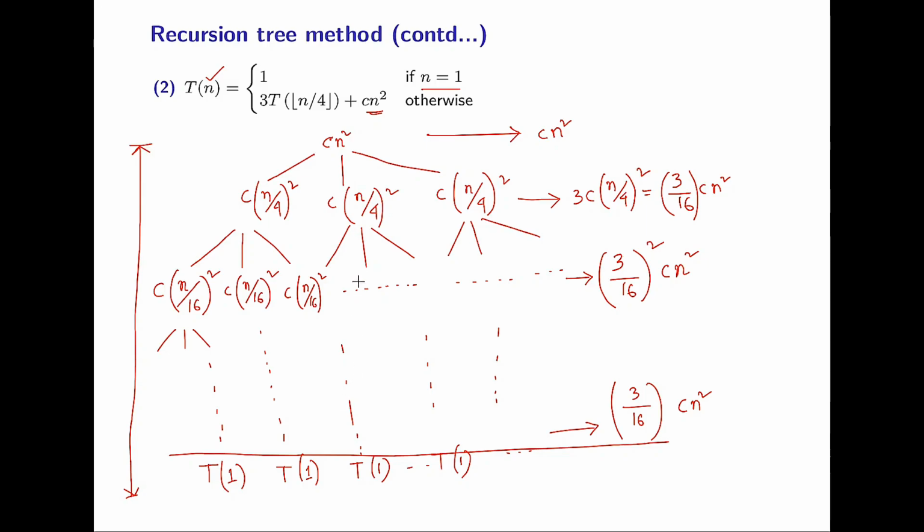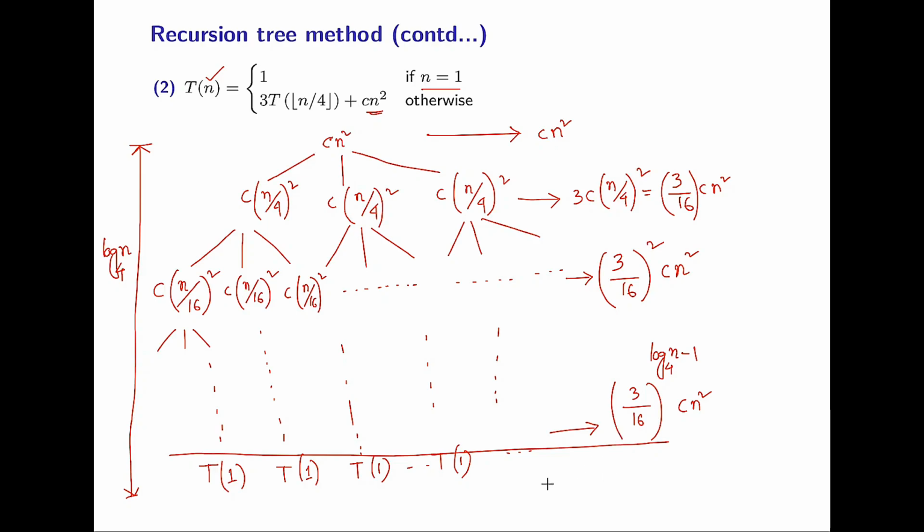Input size n is getting divided by a factor 4 repeatedly, until it reaches the base condition. So log n, because the problem size was n, base will be 4. So the height of the tree is log n base 4, but minus 1, because it is the second last level.